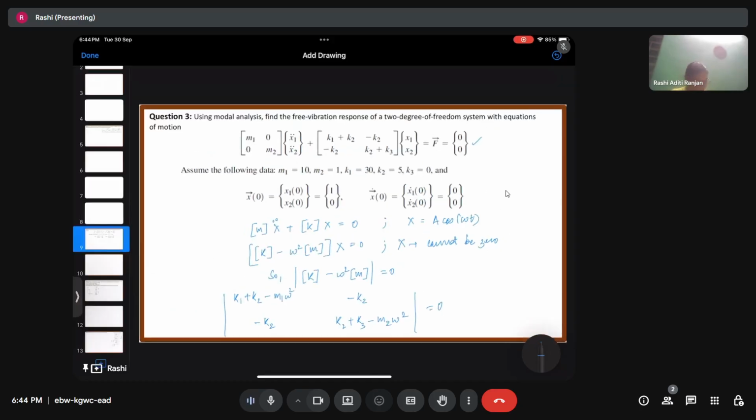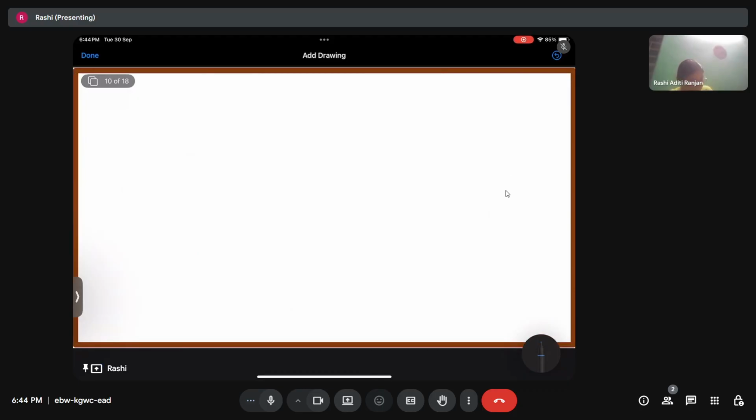So from this, we are going to get omega 1 as 1.5811 and the corresponding x1 as this, which is the eigenvector, or the mode shape, you can say. And omega 2 as 2.4495 with x2 as this. So these are the two frequencies and mode shapes.